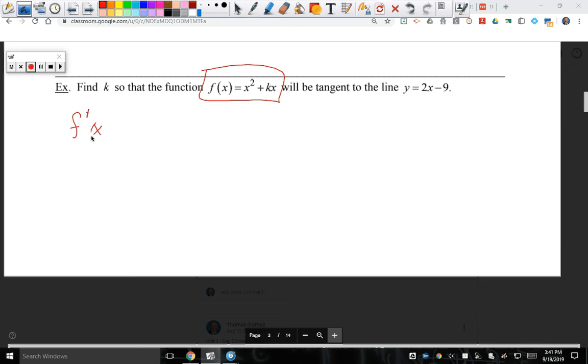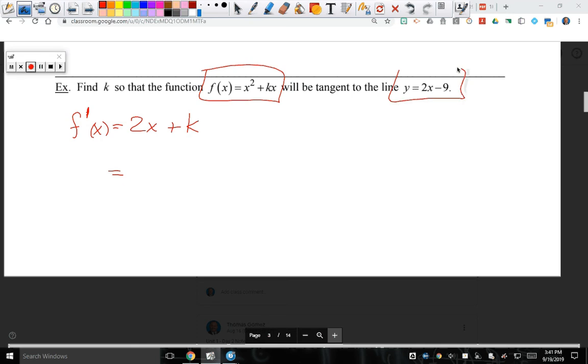F prime of x is equal to what? 2x plus k. K is a constant. Okay? And whatever this derivative is equal to, we're going to set it equal to 2. You with me?